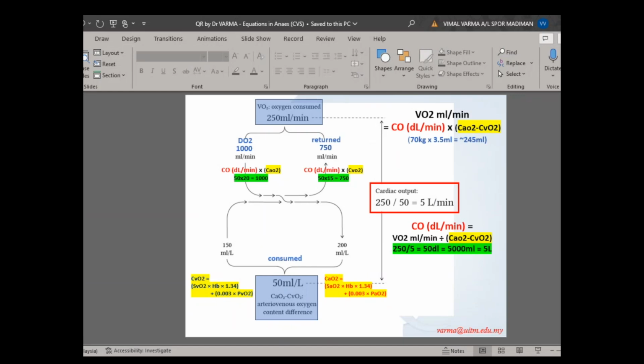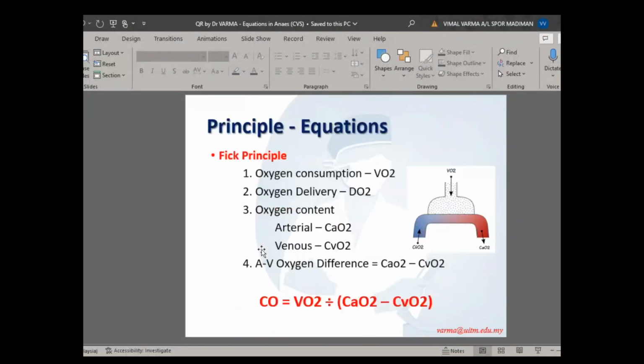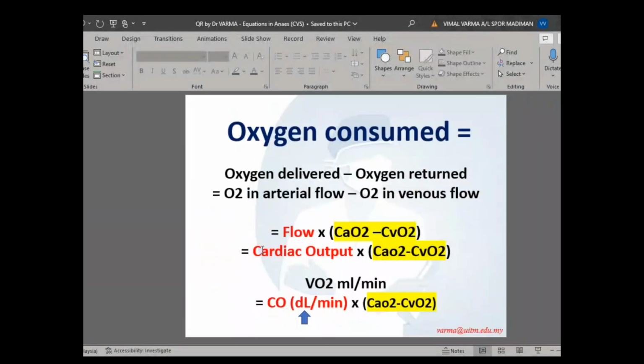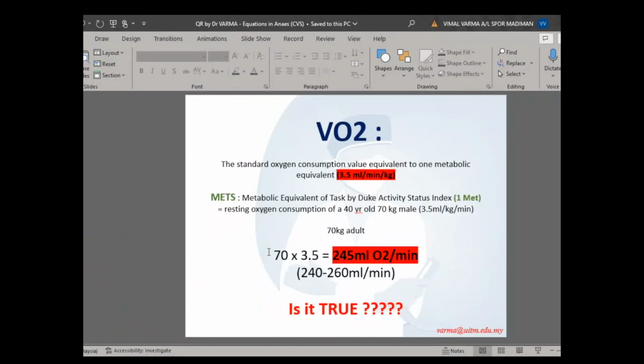Dr. Vimal: Yep. So the oxygen consumption normal is 3.5 mil per kg, which is equivalent to 1 MET. Okay. So 3.5 times 70 about 250. Yep. But then usually we say the normal METs is 4 METs and above.